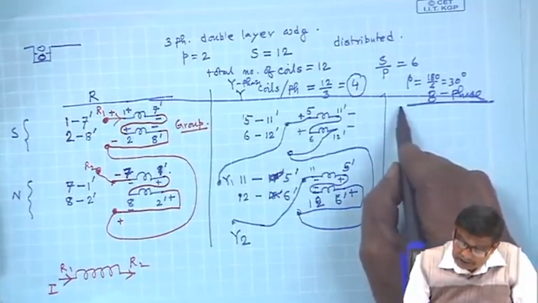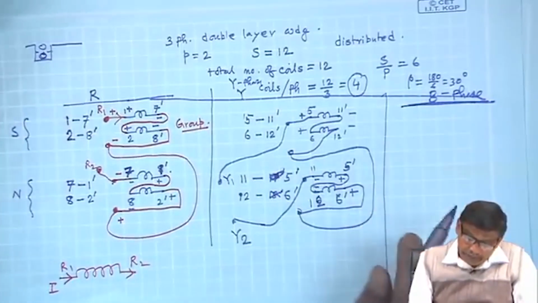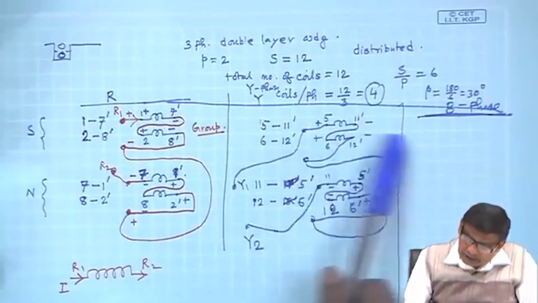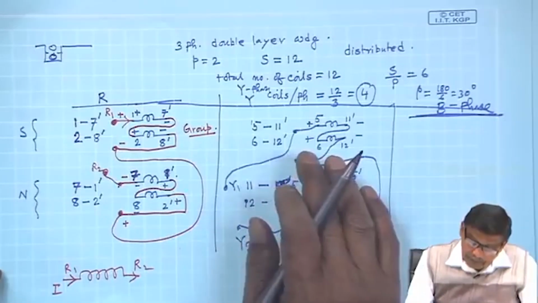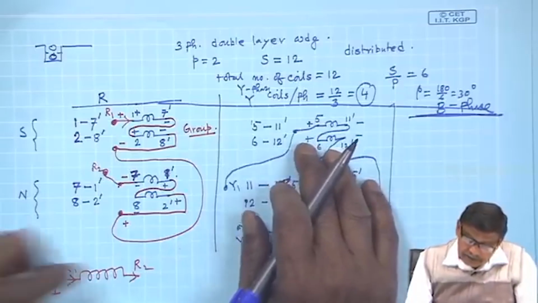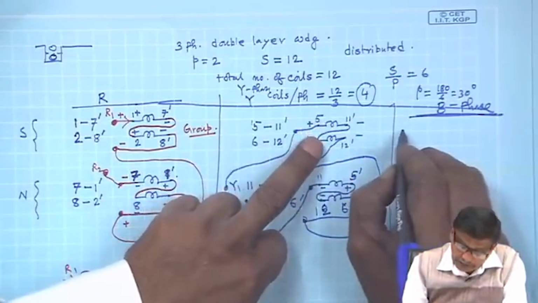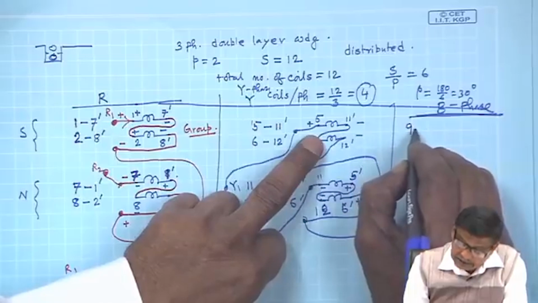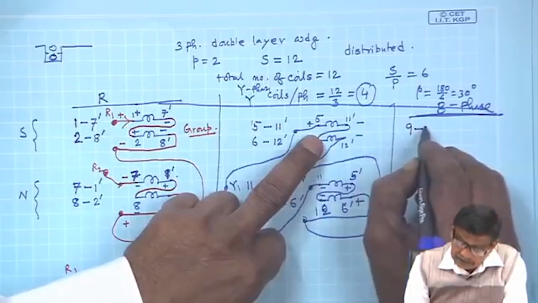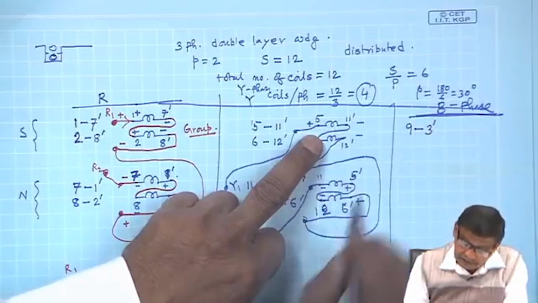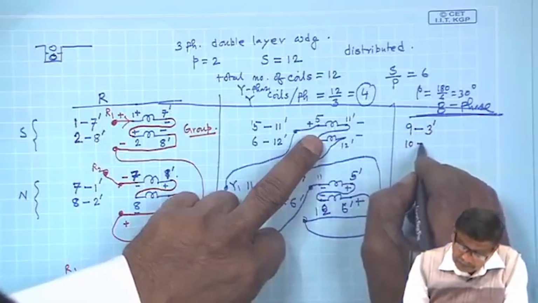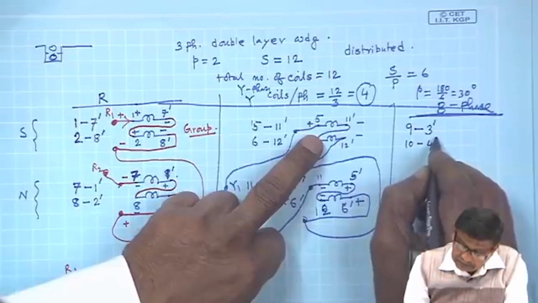Similarly, for B phase, what is going to happen? B phase should start after 120° electrical from Y phase. Therefore, 5 plus 4, it must start from 9 and then 9 plus 6, 15 dashed, but there is no 15 dashed, it should be 3 dashed. Then 10, 4 dashed.